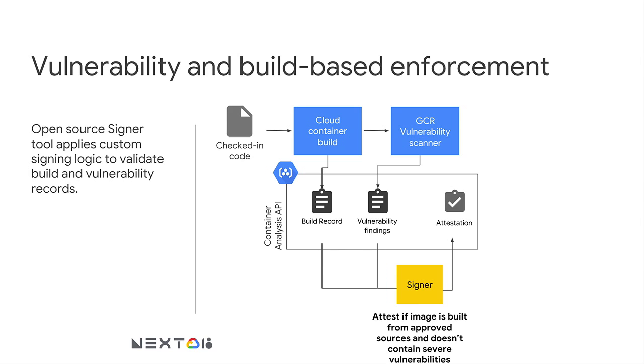And when that happens, the signer issues an attestation using a customer-provided key. By the time the container reaches production, binary authorization will look up that attestation, because the user would put that in the policy to say, I would require this attestation, and enforce to make sure only images with proper build and vulnerability finding records can deploy to the production environment.